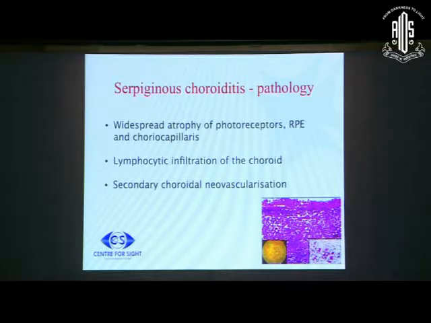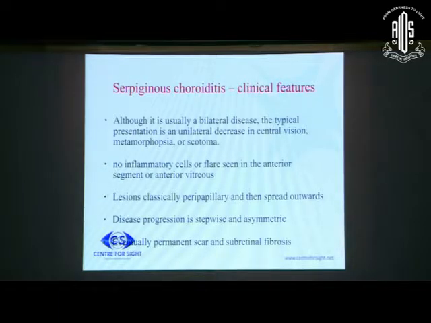Pathologically, it typically involves atrophy of photoreceptors, RPE and choriocapillaris with lymphocytic infiltration of the choroid, along with, at times, secondary choroidal neovascularization. Though the disease is typically described as bilateral, you very often have an asymmetric presentation. One eye gets involved first and the second eye much later.